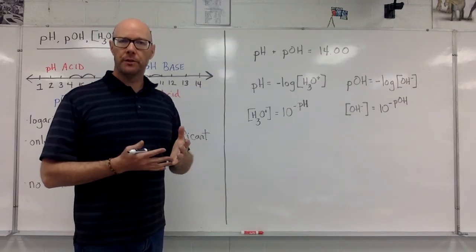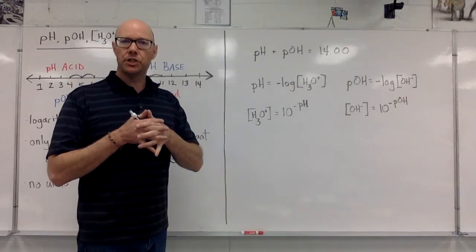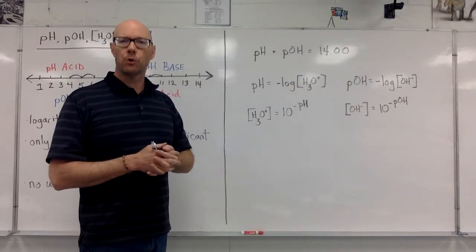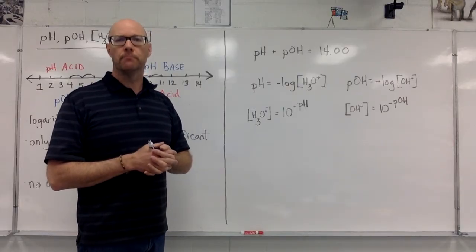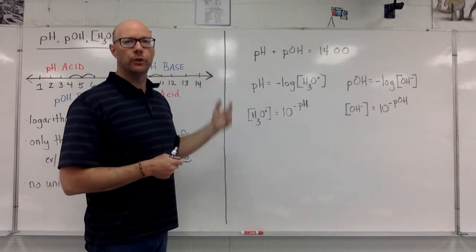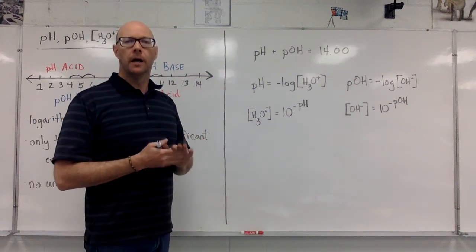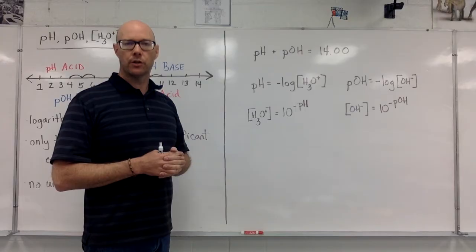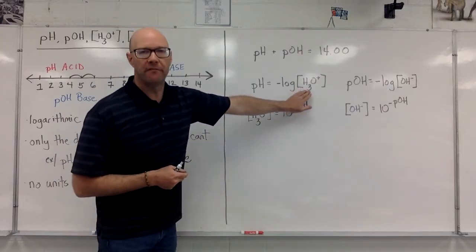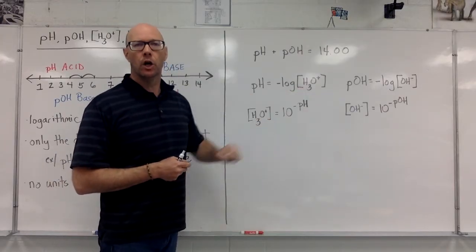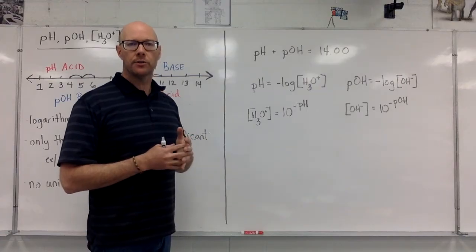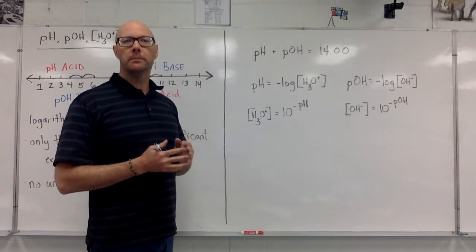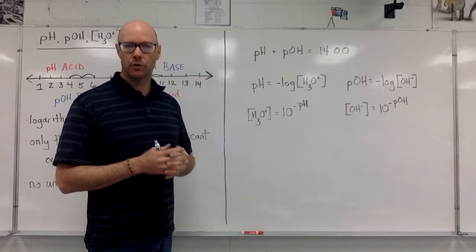Because it's a logarithmic scale, there is a relationship between the pH and the hydronium ion concentration. The pH is equal to the negative log of the hydronium ion concentration. We're going to have some value in moles per liter for the hydronium ion concentration, likely expressed in scientific notation.